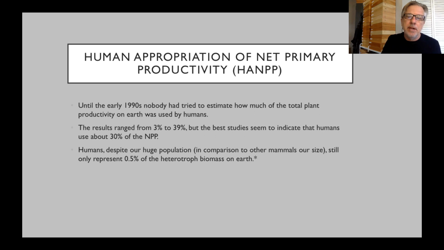Despite our huge population in comparison to other mammals our size, humans still only represent about 0.5% of the heterotroph biomass on Earth. Now, that's 1/200th, and that may sound small to you, but stop and think about it for a while. There are at least 1 million species of heterotrophs on Earth, and humans are probably a secondary consumer.